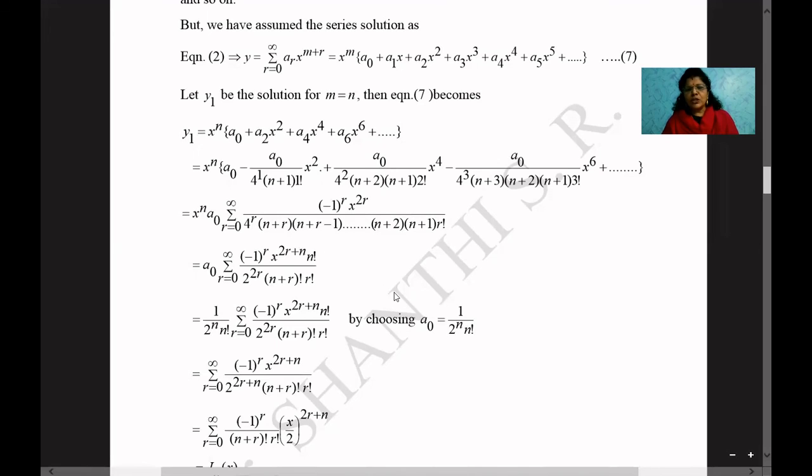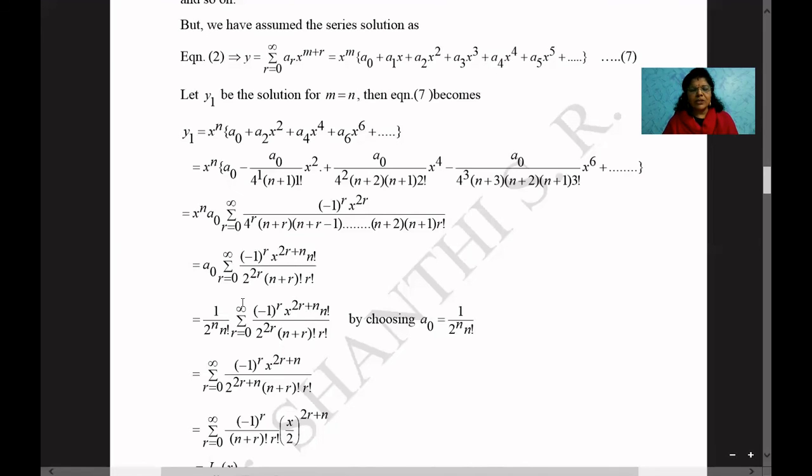Okay. Now, by choosing a0 is equal to 1 by 2 power n into n factorial, what will we obtain? 1 by 2 power n into n factorial into summation of this much. And here one n factorial is there, and this n factorial you can cancel. The n factorial outside the summation and this numerator n factorial we can cancel. And I'm bringing this 2 power n also inside. So what will the summation be?